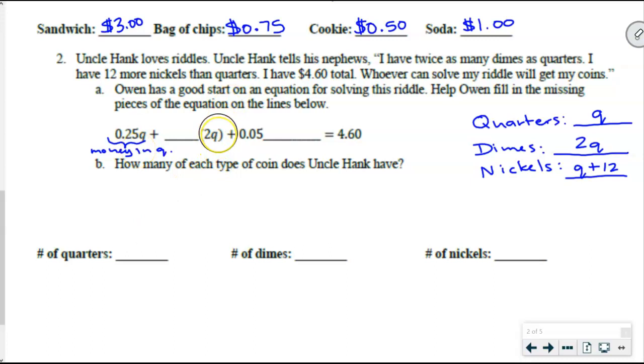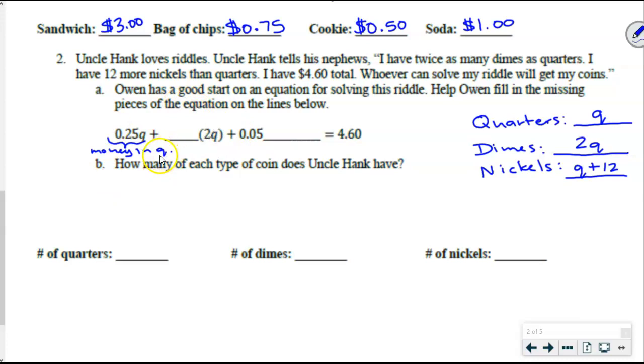All right, and here I have the 2Q. Thanks to the work that we already did over here, dimes is 2 times Q. So we know 2Q goes here. But what goes in this blank spot? Using this as our guide, 0.25Q, this is the value of a quarter times how many quarters. This is how many dimes we have. So what should go in that blank spot prior to that? Not enough hands.